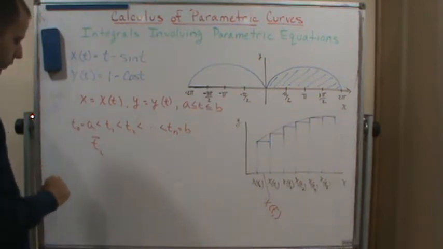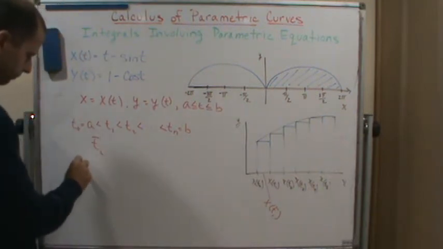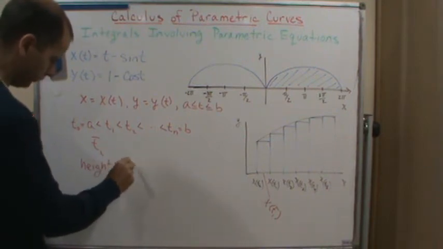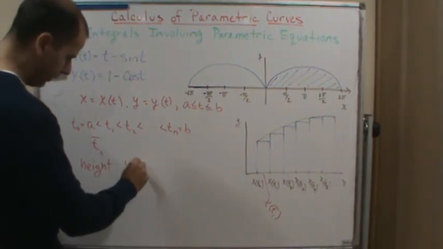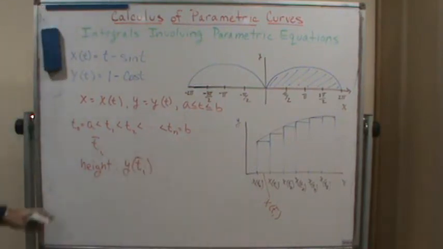And I'm using that to get the height of my rectangle. So now the height of my rectangle is going to be y of t bar sub i. That's going to be the height of my ith rectangle.